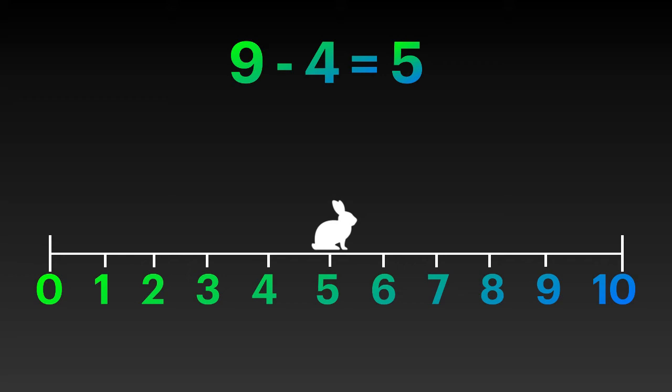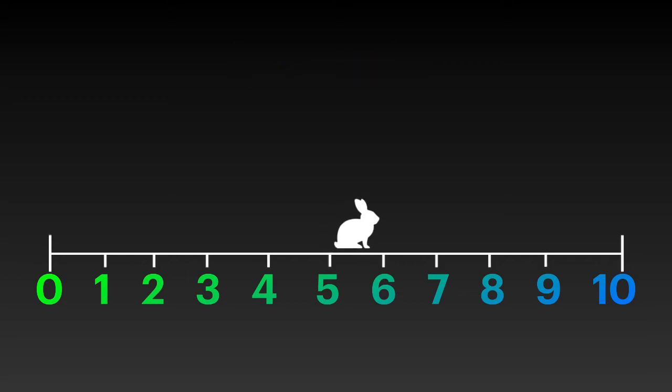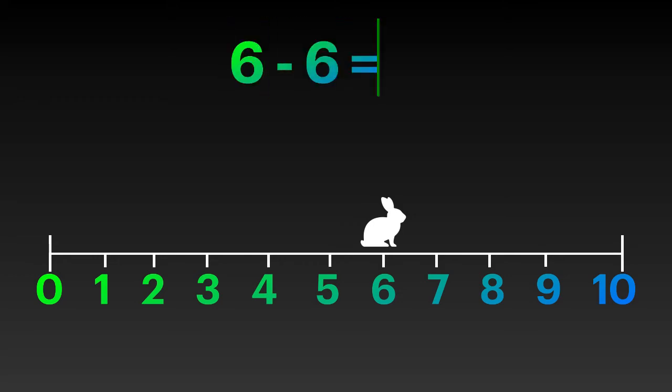Let's do one more together. This time we're going to be starting at the number 6 with our sum 6 take away 6. So put your finger on the rabbit and let's jump back 6 numbers. Here we go. 1, 2, 3, 4, 5, 6.